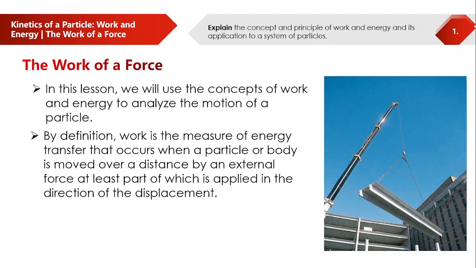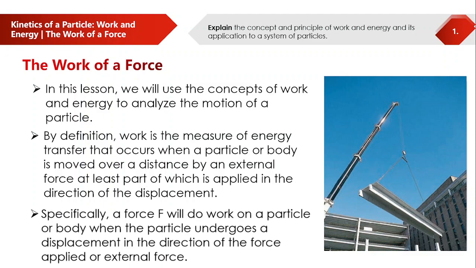Basically, the distance or displacement of a certain particle or body that is displaced because of a certain force, we call that work. It is a measure of energy transfer, which occurs when a body moves a certain distance because of an external force applied to that specific body. And if it is displaced, then there's work there. That's the basic concept.